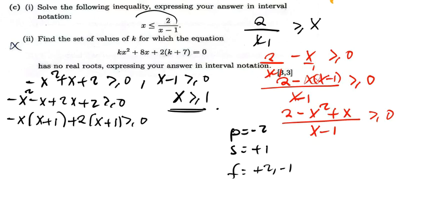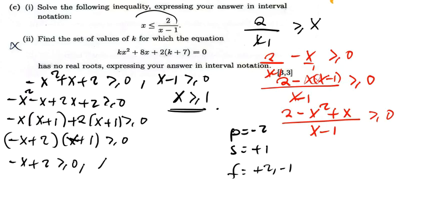So then I have negative x plus 2 and x plus 1. Now the next thing, let's do this, guys. I know that it's greater than or equal to 0. So we have negative x plus 2 greater than or equal to 0, or x plus 1 greater than or equal to 0.